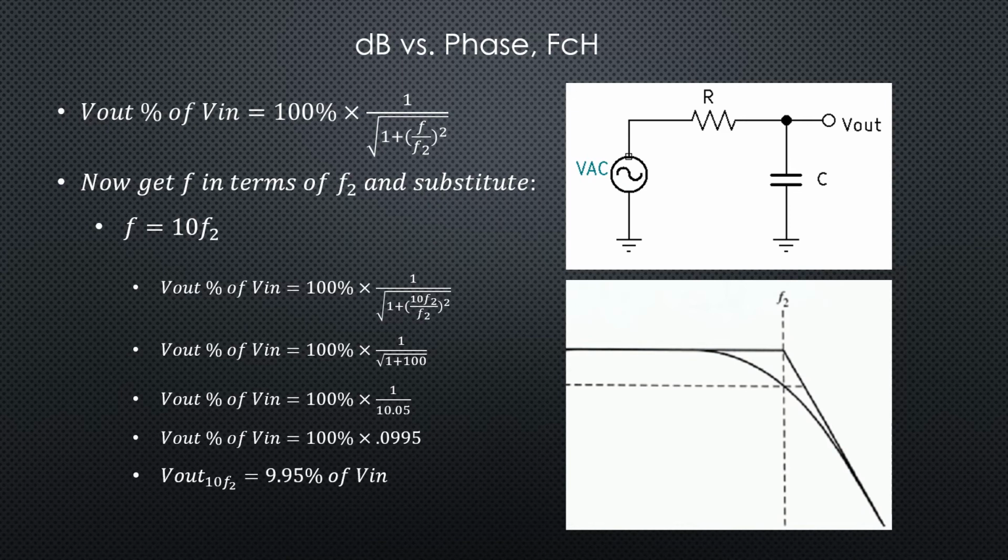And here is 10 times. Our F is equal to 10 times our cutoff frequency. This is known as our first decade. And we can see, following the math, that we get a V out of 9.95% of Vn. So a very small V out. We're way past the bandwidth. We're way past the cutoff frequency. We've got a little tiny voltage.